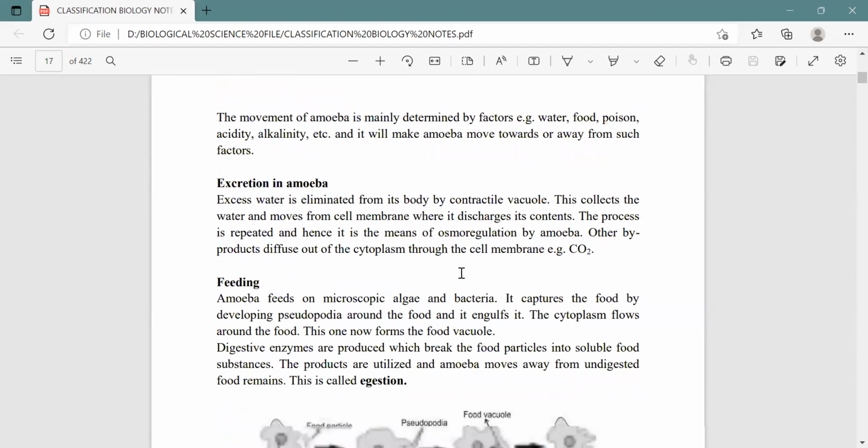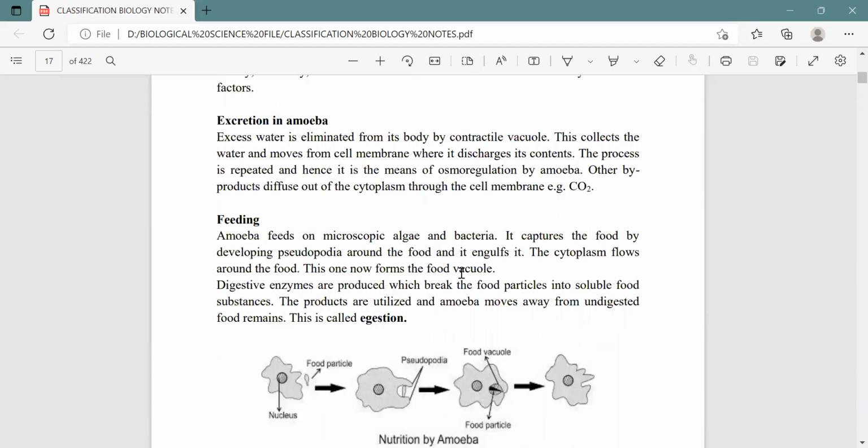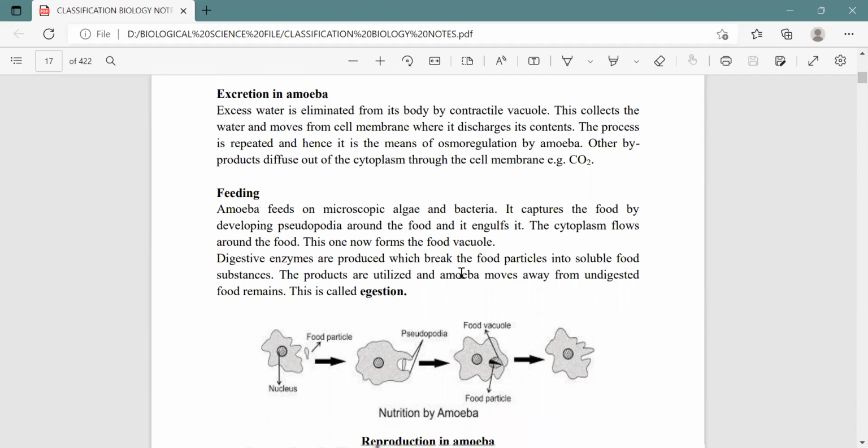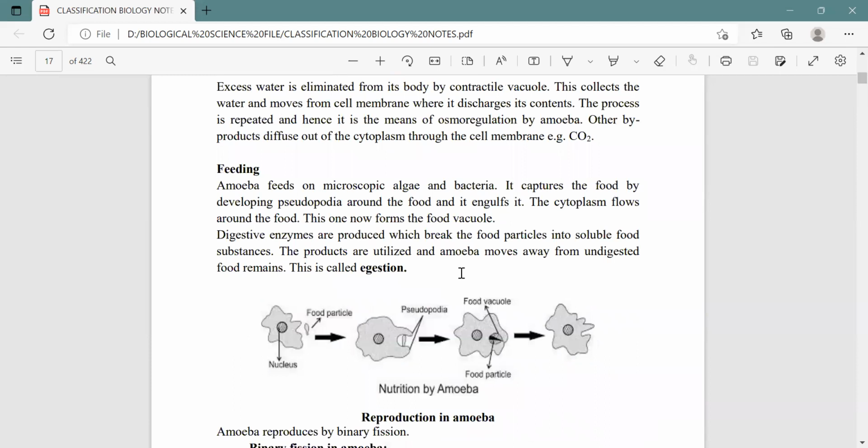But it can also excrete, eliminating from the body unwanted end products and metabolic wastes. Metabolic wastes can be eliminated from the body using a contractile vacuole.